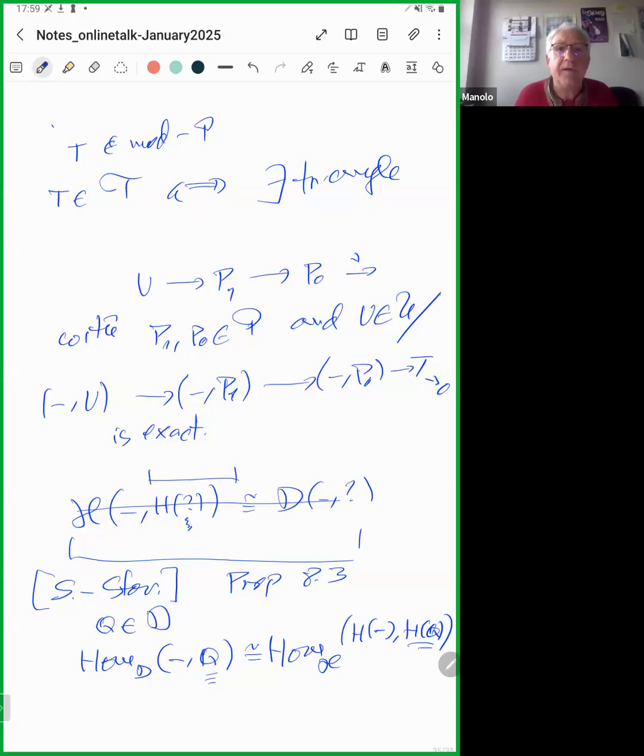It is a way of going from one side to the other. This is at the beginning of Section 8 in my paper with Jan Stovicek, and you also have something in my paper with Pedro Nicolás and Sasha Zvonareva.